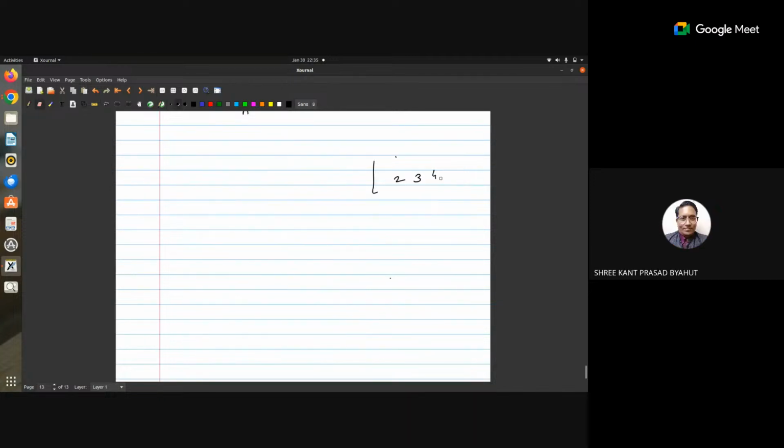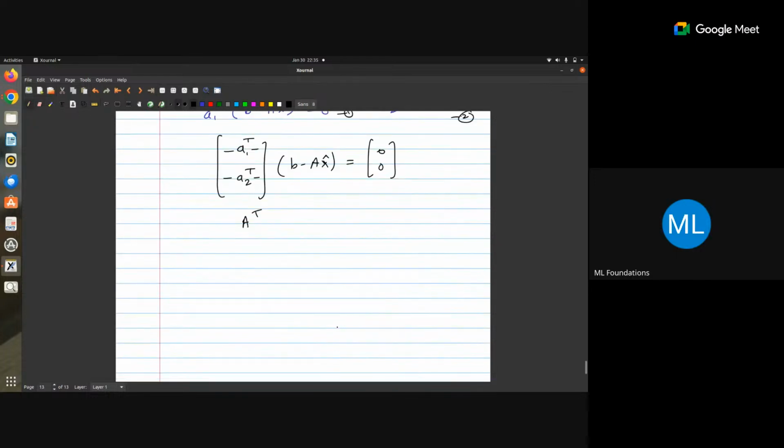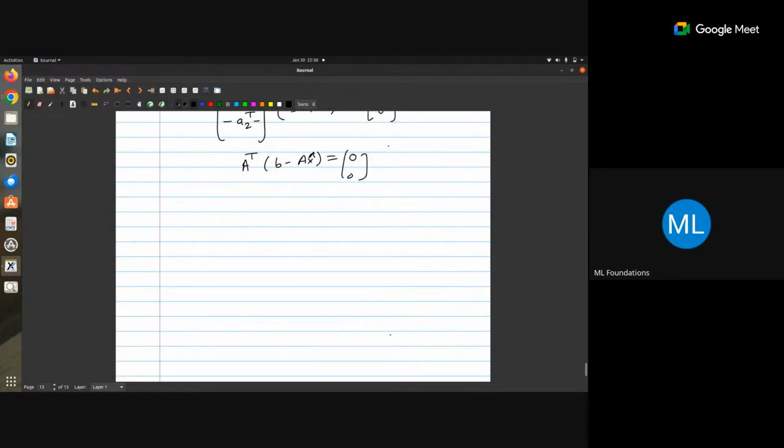Okay. A transpose. Can I now say this as A transpose? Yes. A transpose into B minus AX hat equal to 0. Can I say that? Yes. Right? Now if you remember all the things, all our understanding till now will come here.